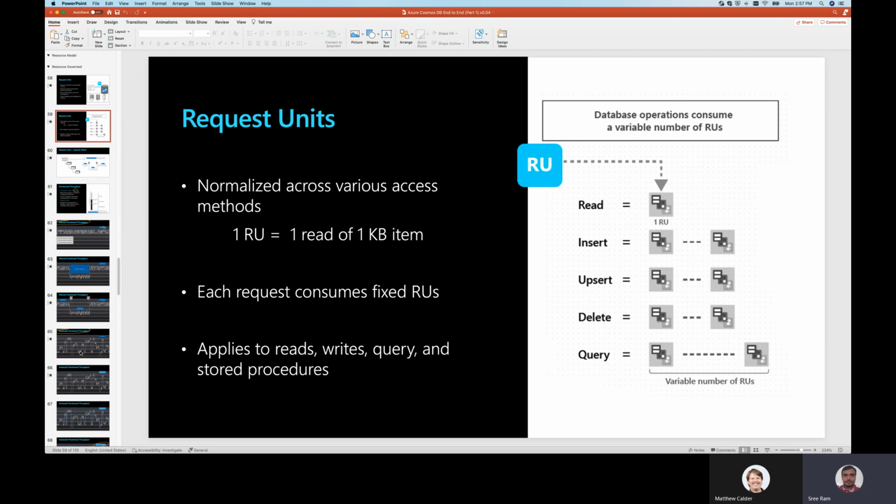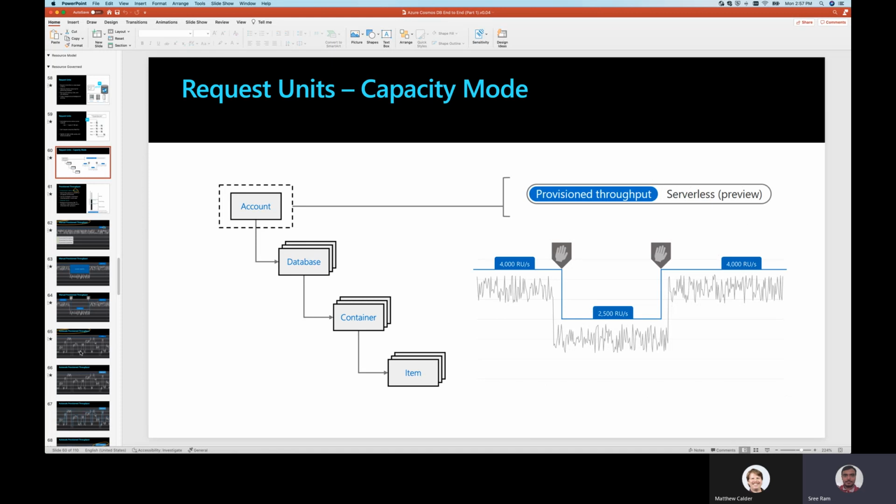So in order to insert a 1 kilobyte item, you might need 2 RUs. In order to upsert, you might need 2 RUs. And in order to perform a query that returns 100 documents back, you need a variable number of RUs. Therefore, by this slide, you understood that RUs are everything in the Cosmos world.